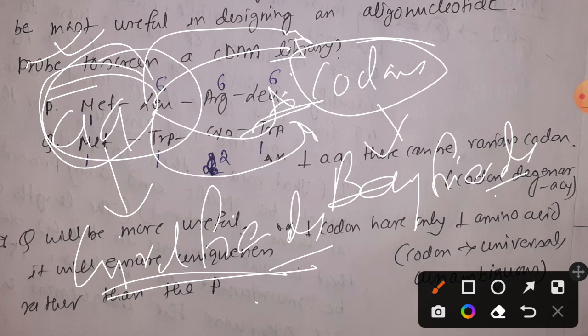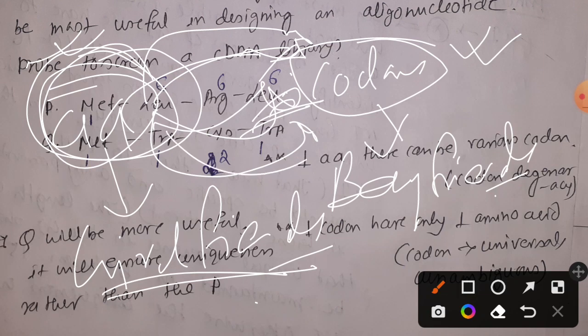That means leucine has 6 different boyfriends, but each of those boyfriends considers leucine as their girlfriend. That means codons are universal and unambiguous, and this phenomenon that an amino acid can be recognized by multiple types of codons is known as codon degeneracy. Okay, after that I think you cannot forget this anymore.